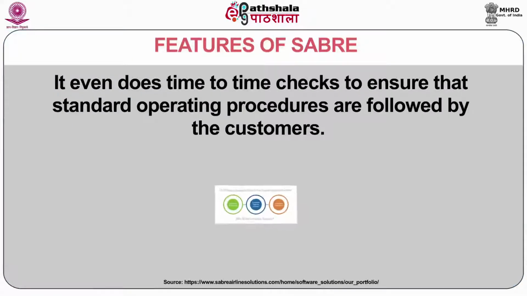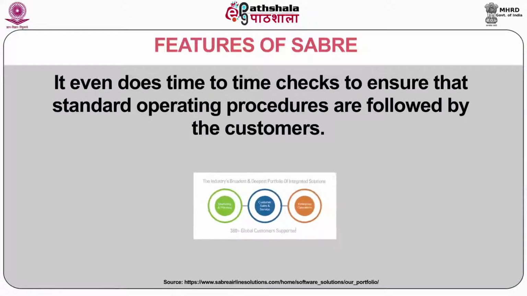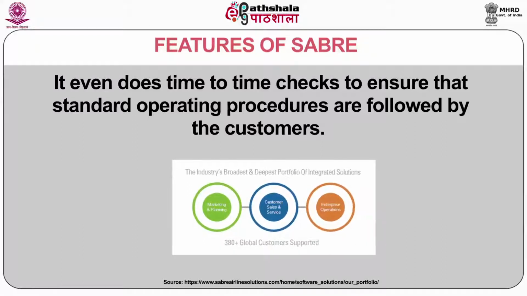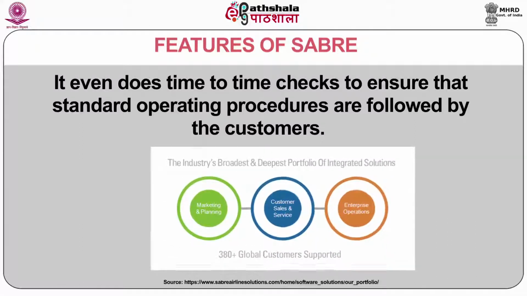Sabre believes in a 360-degree view so as to provide a state-of-the-art global cargo delivery. In customer care, trainings, and back-end support, it focuses on the best practices of the industry during its training. It even does time-to-time checks to ensure that standard operating procedures are followed by the customers.